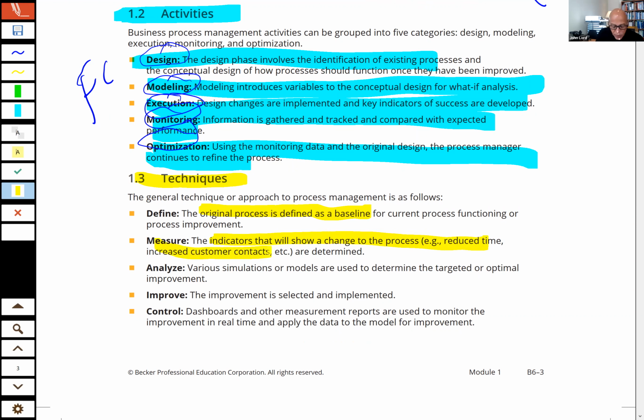Analyze various simulations or models that are used to determine the target or optimal improvement. Then, of course, we want to improve, and then we may want to control by coming up with dashboards or other measures to communicate that we are achieving the desired improvements.